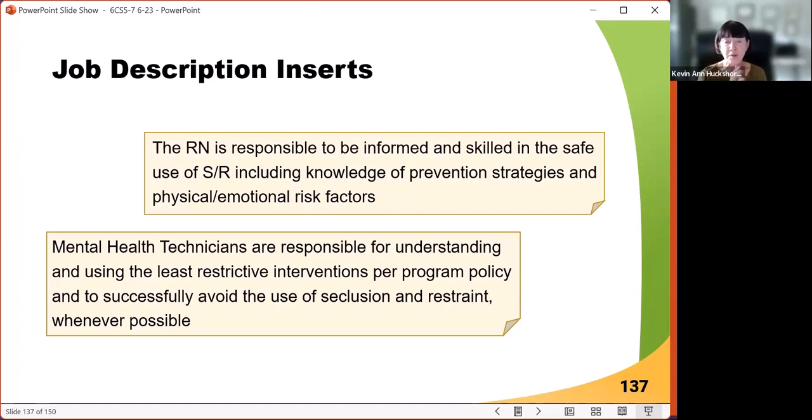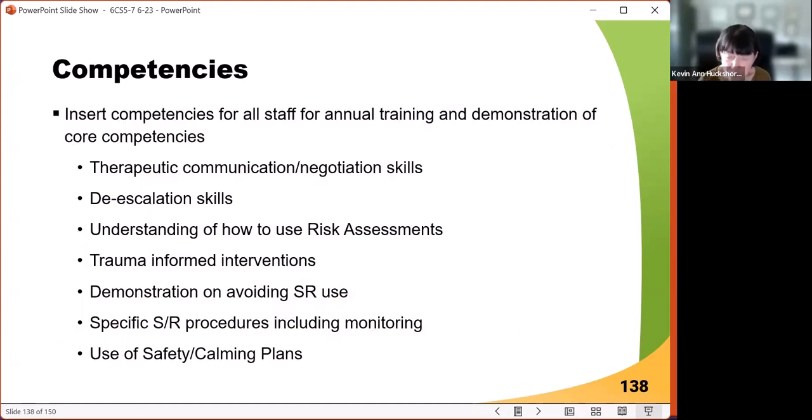The RN is responsible to be informed and skilled in the safe use of seclusion and restraint, including knowledge of prevention strategies and physical emotional risk factors. Mental health technicians are responsible for understanding and using the least restrictive interventions per program policy and to successfully avoid the use of seclusion and restraint whenever possible. So that makes it pretty clear, kind of the focus of the organization.